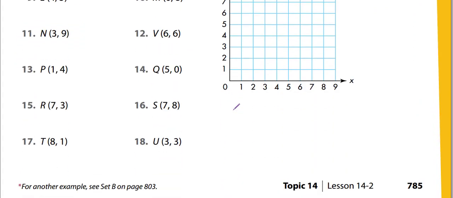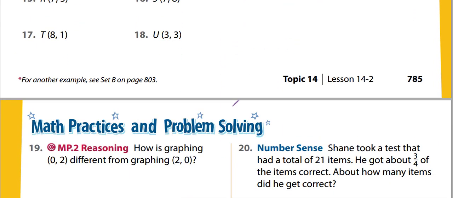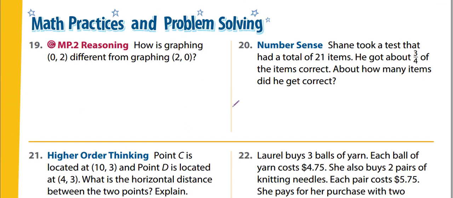Here everything is the same. Okay, let's have a look at a question here. How is graphing 0 and 2 different from graphing 2 and 0? We will say that 0 and 2 is like moving up only two numbers up, but 2 and 0, you will only go to the right 2 and will not move up.